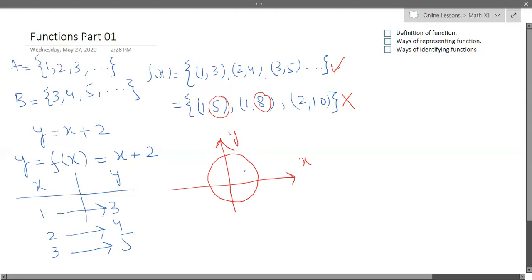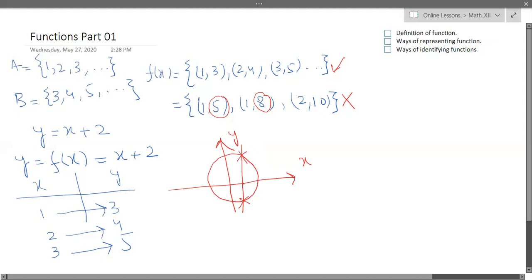It is again based on the defining criteria for the function, that function always produces one output for one input. In this case, if you draw a vertical line, it intersects the circle at two different points.